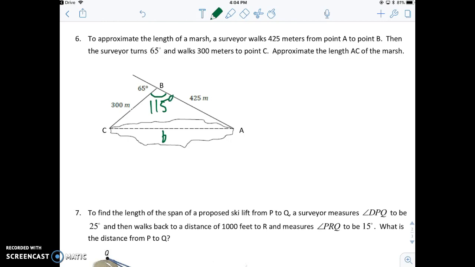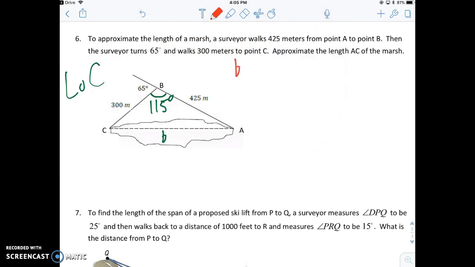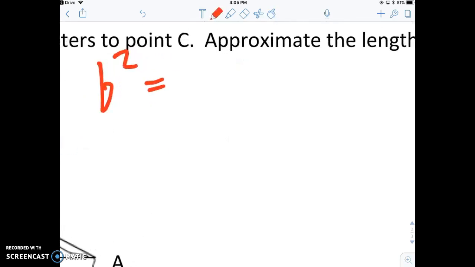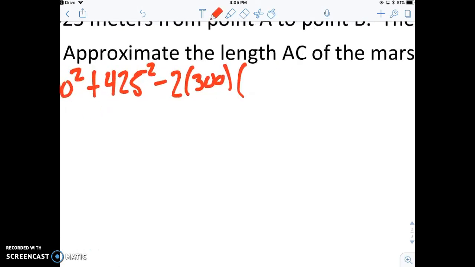Right. Now we have a side angle side case, so we can use law of cosines. So we want to set this up so we can find side B. We can set up the same way we started question 3 on the front side. This is side angle side, so B squared equals A squared plus C squared minus 2 times A times C times the cosine of angle B. Alright?